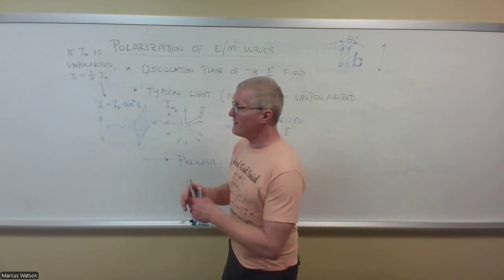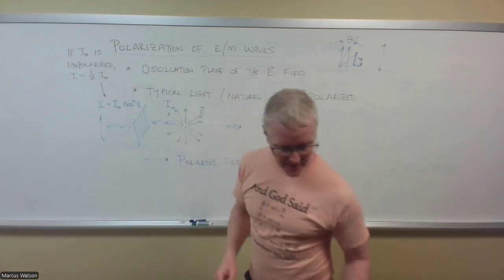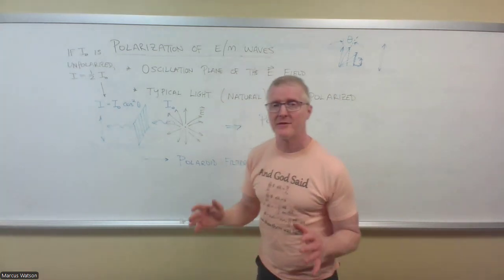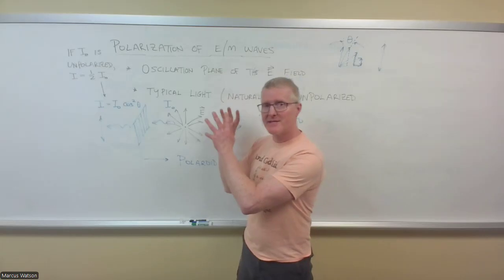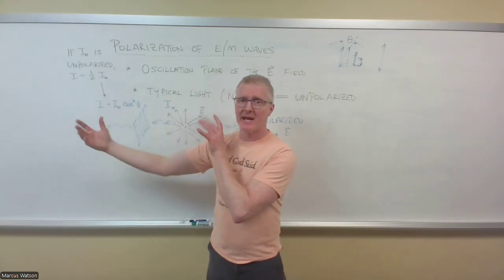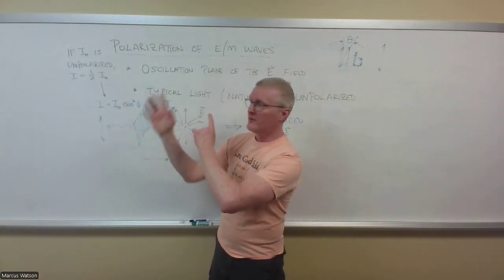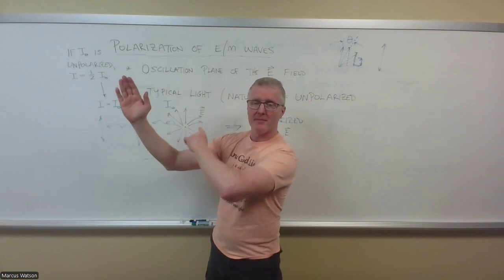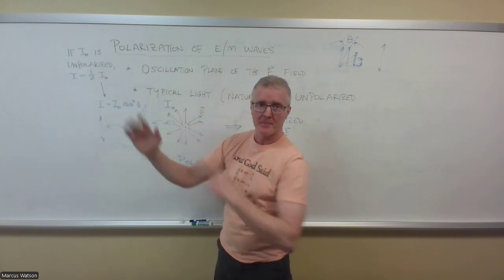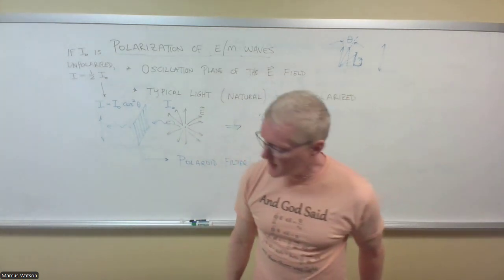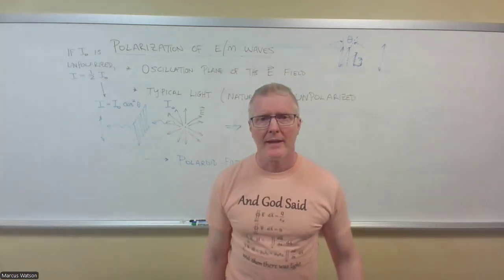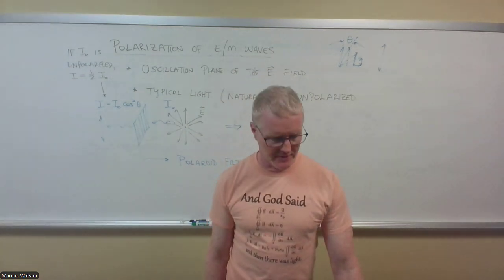So if I have light that's going into a filter that's already polarized, I have to think about what's the intensity of the already polarized light as it goes on this side. How much am I going to get on this side? And it depends on how far away from the Polaroid axis is the polarization vector of the wave. All right. So to give you an idea of this, well, I can't really give you a very good idea of this.